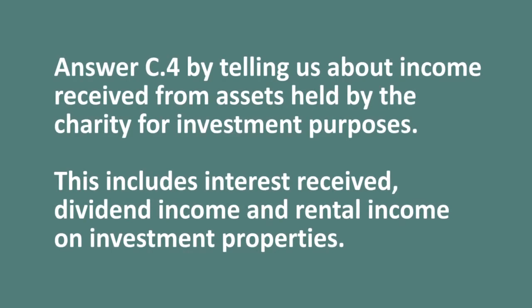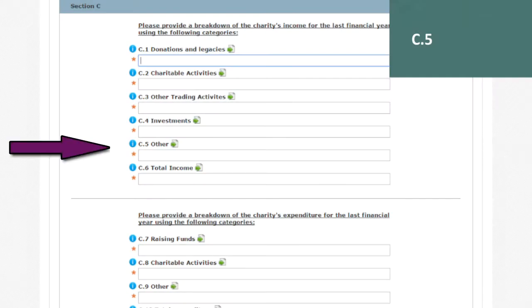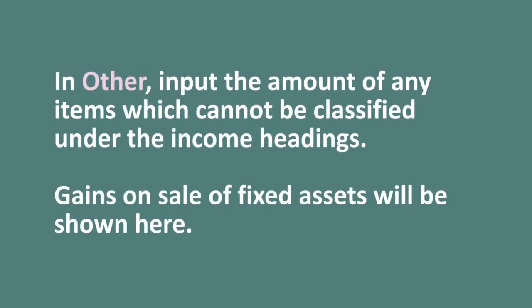Answer C4 by telling us about income received from assets held by the charity for investment purposes. This includes interest received, dividend income, and rental income on investment properties. In other, input the amount of any items which cannot be classified under the income headings.